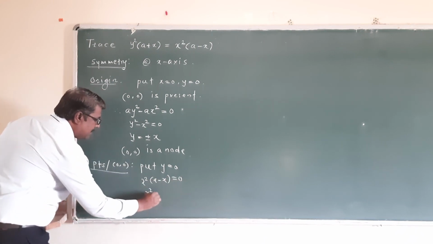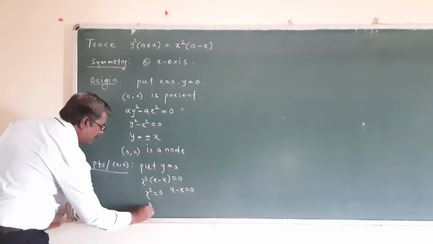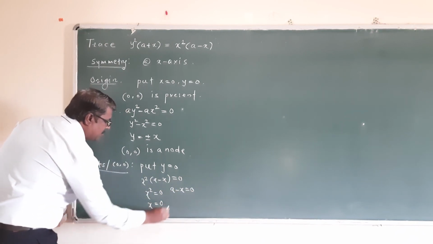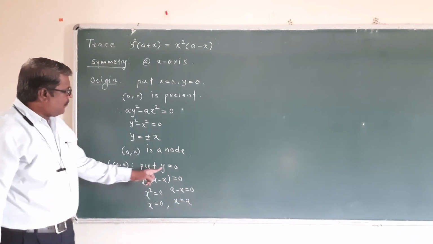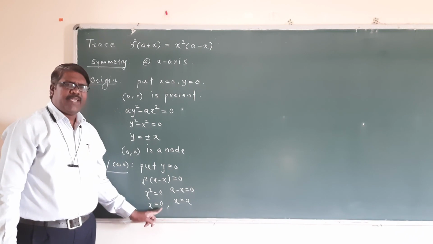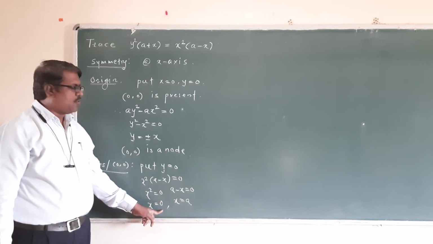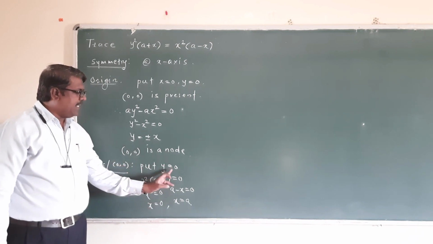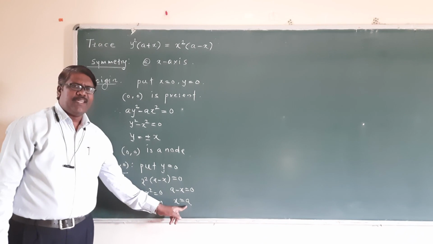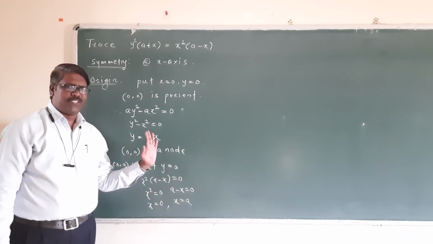This implies x square equal to 0 and a minus x equal to 0, which implies x is 0 and x is equal to a. Now for x is 0 we get y is 0, that is origin, but already we have calculated equation of tangent at origin. Now the point other than origin is y is 0 and x is a, therefore a comma 0 is the point other than origin.